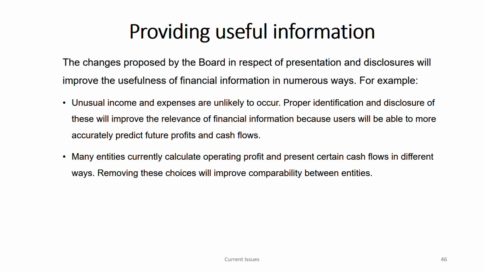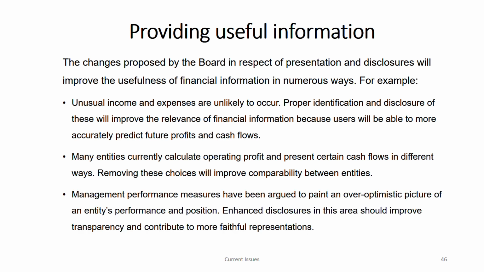This is like a summary only. Advantages of the proposal the board is putting forward: choices are removed, comparability is improved, you better identify unusual income and expenses, and again the predictability of cash flow is improved. These are some examples of how useful information can be provided.